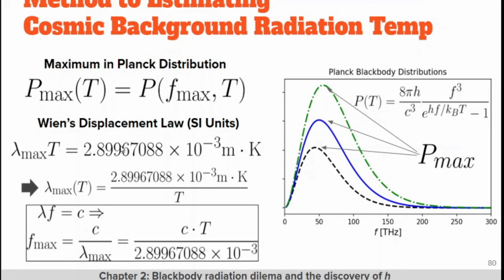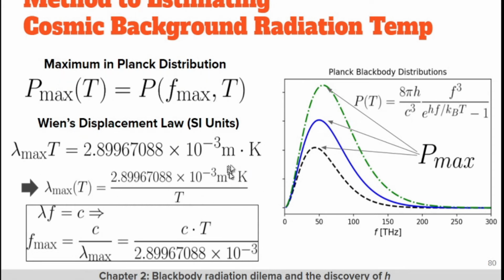We derived this explicitly in our other lab, where we took this formula and found the points where the derivative is equal to 0. We worked all that out and found that we can get this relationship.